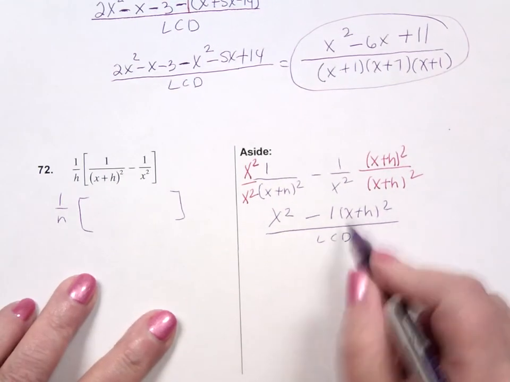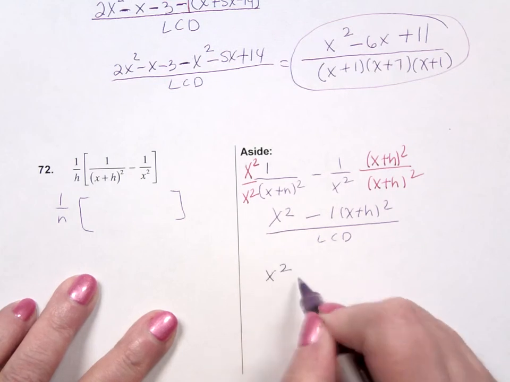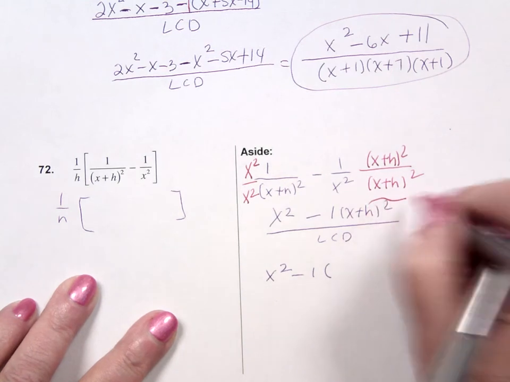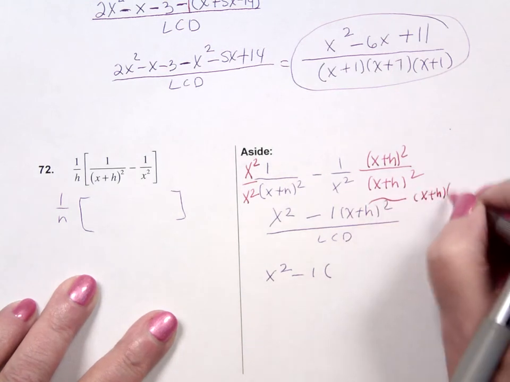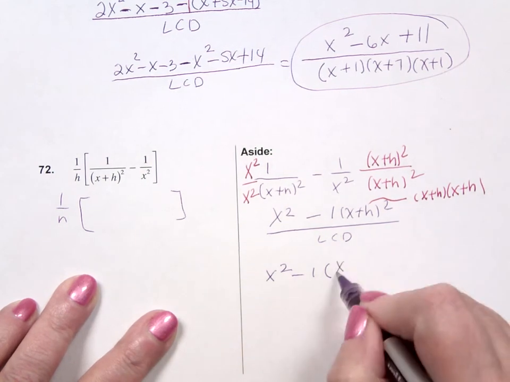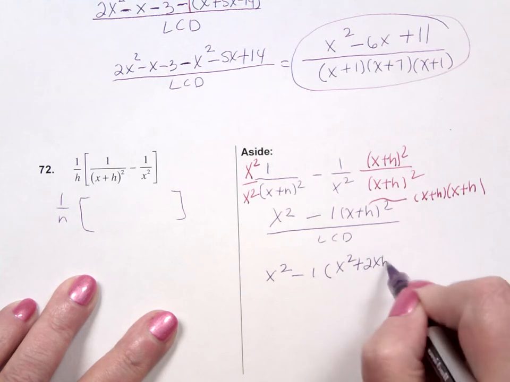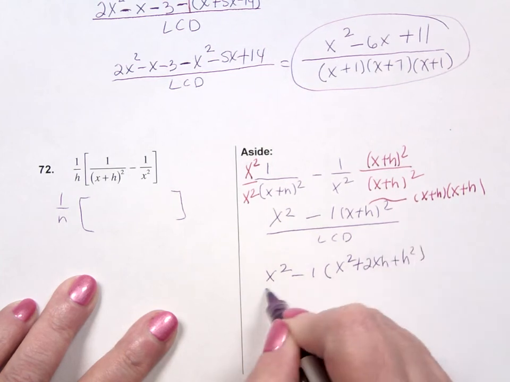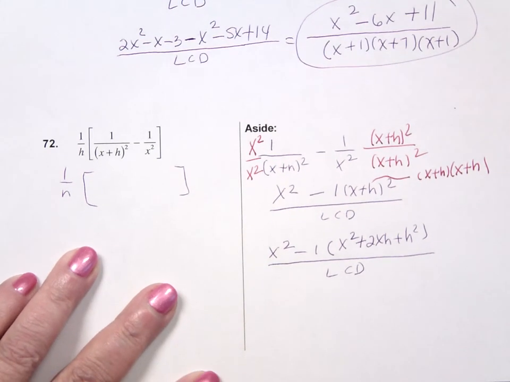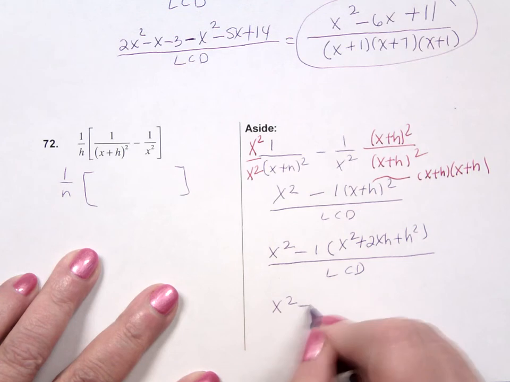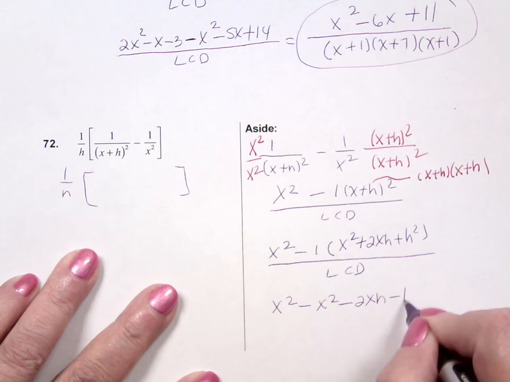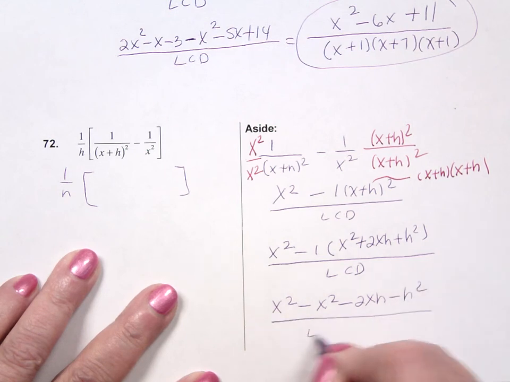I have to square first, order of operations, x squared minus 1 times. Now, if you look at (x plus h) squared, it's really (x plus h) times (x plus h). So it's x squared plus 2xh plus h squared all over the LCD, which is x squared minus 2xh minus h squared all over the LCD.